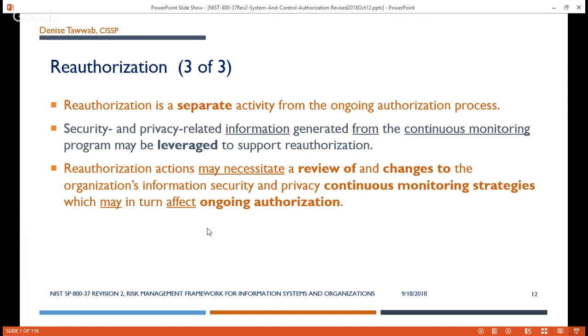So those two are separate activities. Security and privacy related information generated from the continuous monitoring program can be used to support your reauthorization. Reauthorization actions might make it necessary for you to change or review the organization's information security and privacy continuous monitoring strategies, and this in turn could affect your ongoing authorization.